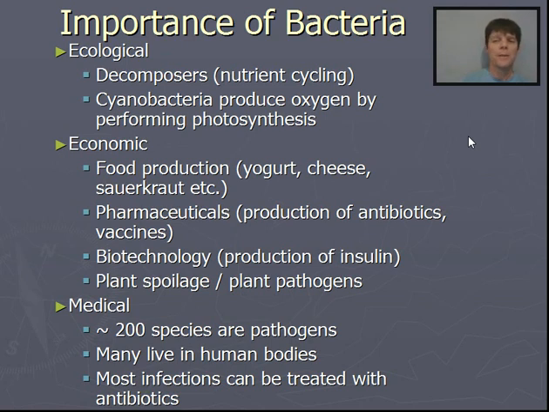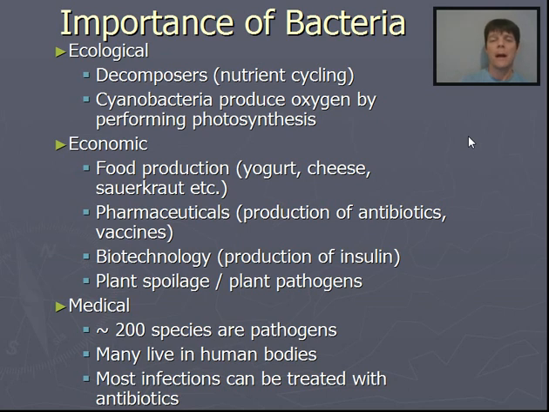Now remember, there are so many bacteria that live on our planet. It's probably in the hundreds of thousands different kinds of bacteria that live on Earth. Of all of those, there's around 200 species that are human pathogens that cause disease in humans. So most bacteria are good, most bacteria don't harm us. There are, again, about 200 species that do cause problems for people, and most of the infections that people get can be treated with antibiotics.